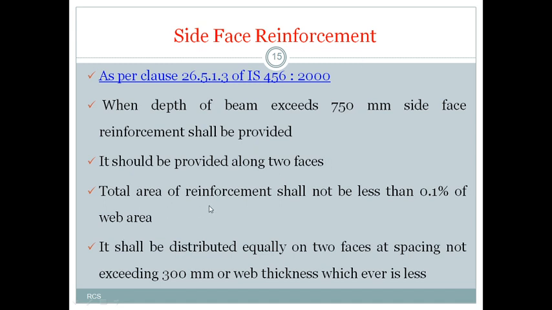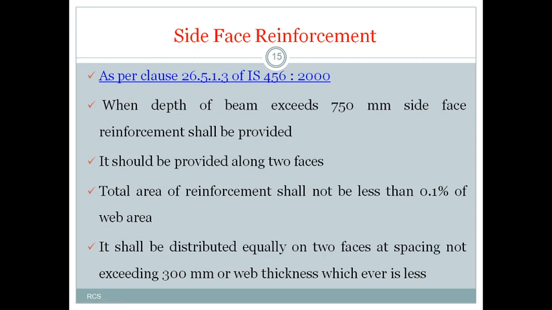The total area of reinforcement shall not be less than 0.1% of the web area. So if you take a T-beam, we have a web portion, and if the web depth exceeds 750 mm, then we go for side face reinforcement. For that, the amount of steel required should not be less than 0.1% of that particular web area.